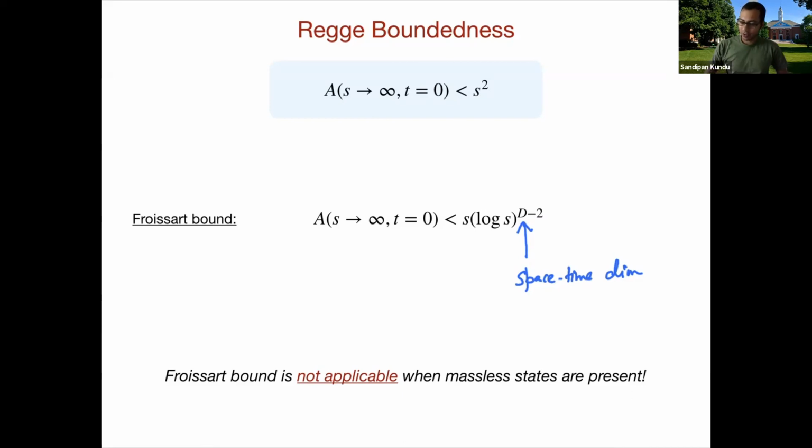Definitely, this S square bound is something my impression is people believe in, in the sense that they think this is a true statement. And if you ask people who are working on the conformal bootstrap, they will probably tell you the linear S bound is probably true, because the linear S bound is very close to the chaos bound in some sense.